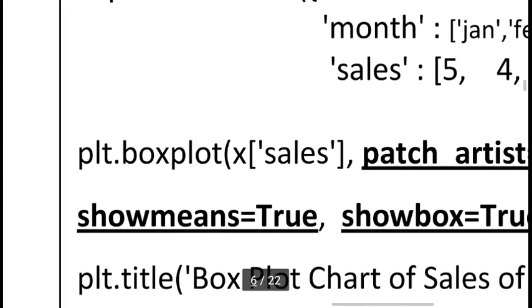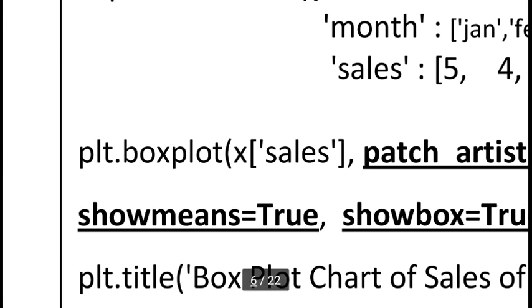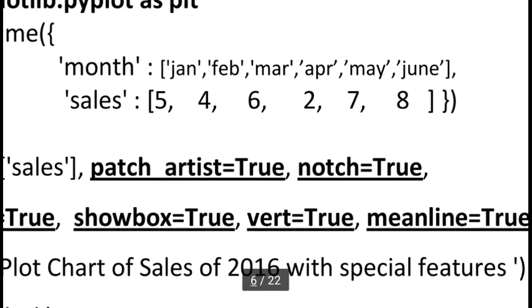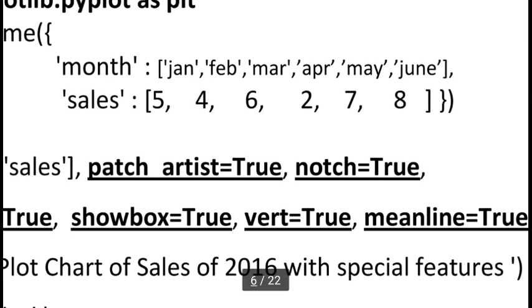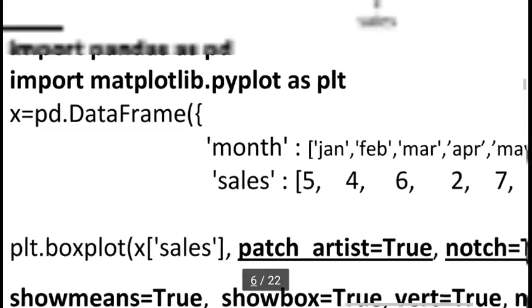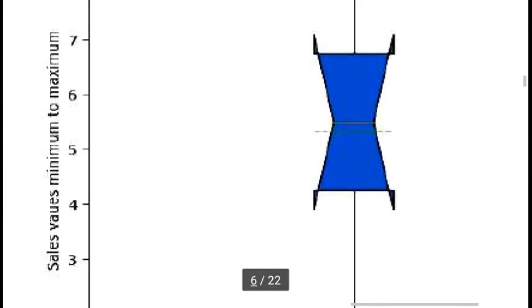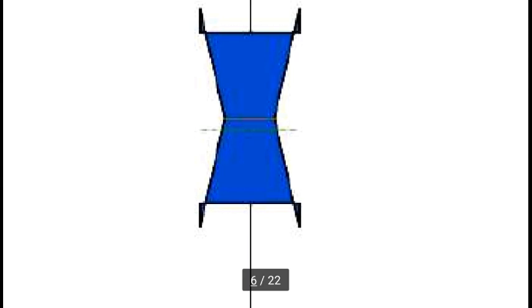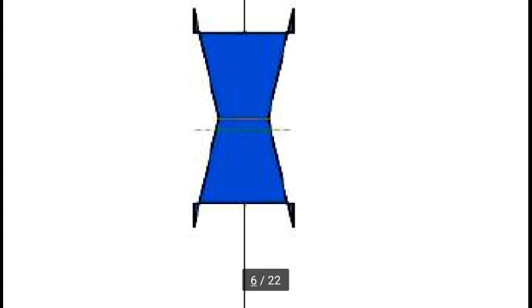Okay, now show means is equal to true means the average of this value, we can say this is an average mean value. So I want to show means, I want to show the average value. You can see here a small dotted line across this box.